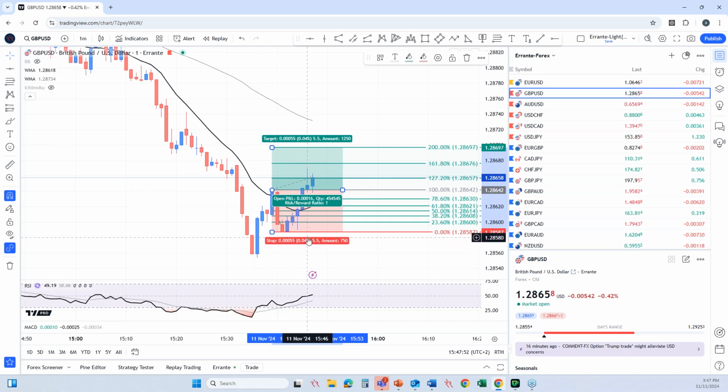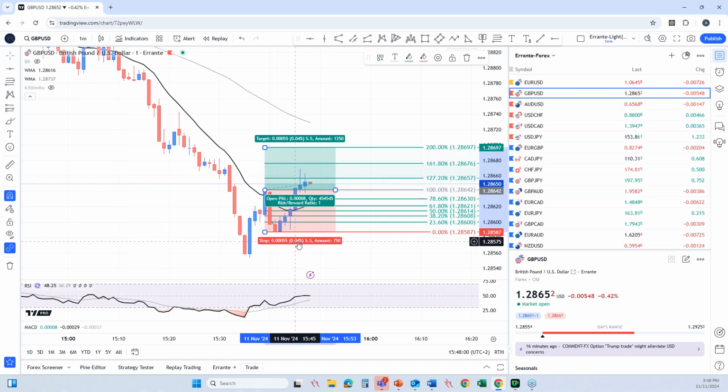For example, this is a 0.4% stop with 55 points, and the amount would be 750, and here the amount would be 1250. The same ratio, and the reward to risk ratio is 1.